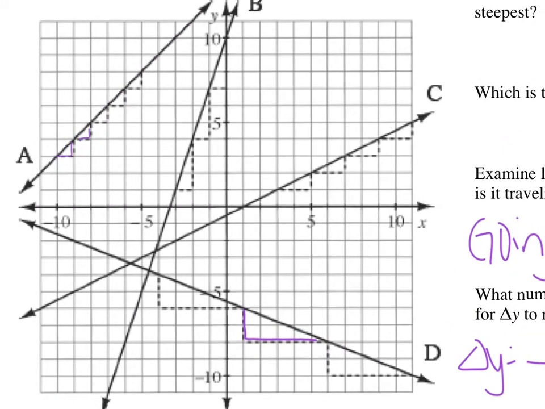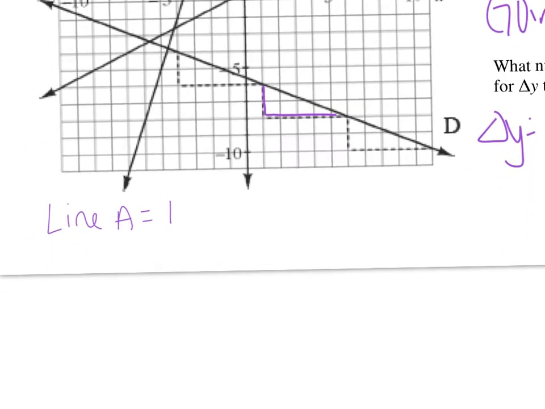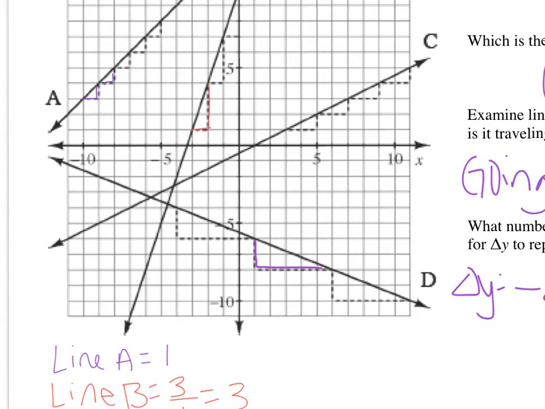Taking a look at line B, so I'm going over 1 and I'm going up 3. So my slope for line B is up 3 over 1, which is 3. Taking a look at line C, we're going over 2, up 1.